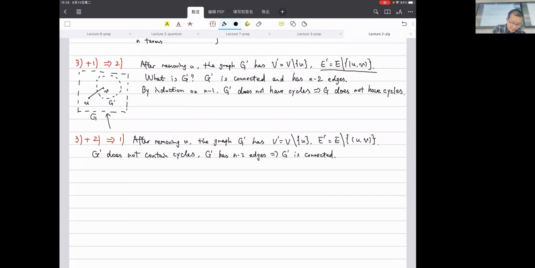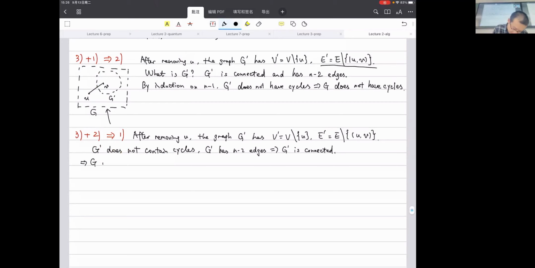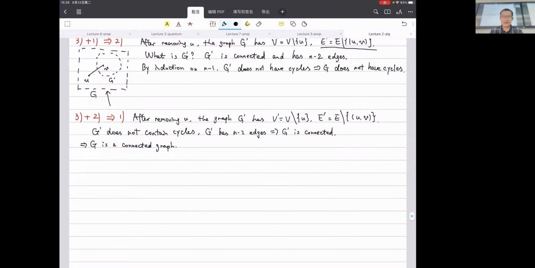So this part of G prime is connected, and with another edge here, U is also connected to the other part of the graph. So this implies that G is connected, which finishes the discussion that 3 plus 2 implies 1.